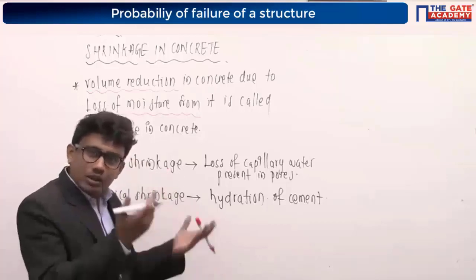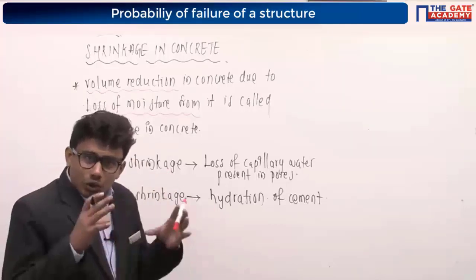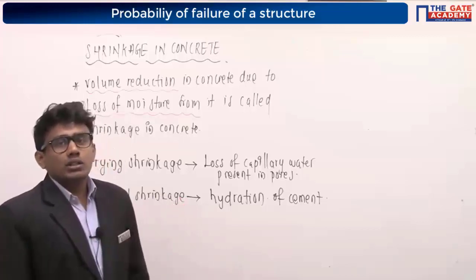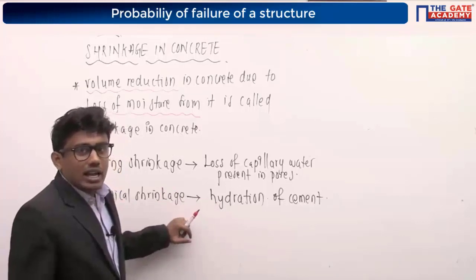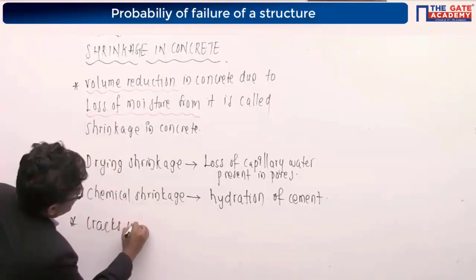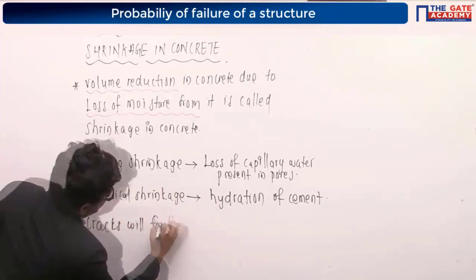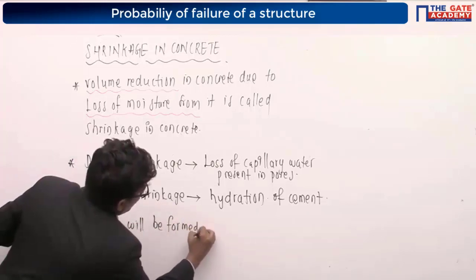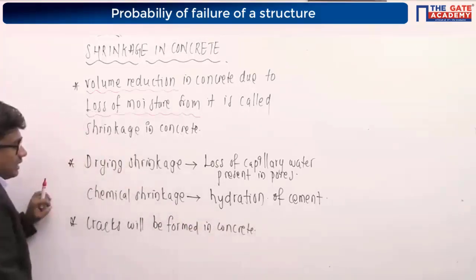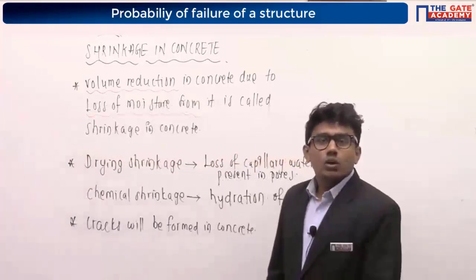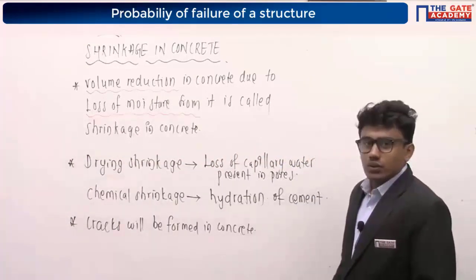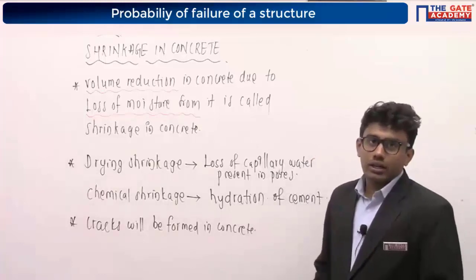Due to heat, water will be evaporated, and the volume of concrete will get reduced. That's our chemical shrinkage. And due to the shrinkage, cracks will be formed in concrete, which is objectionable, which we don't want in our concrete, right?